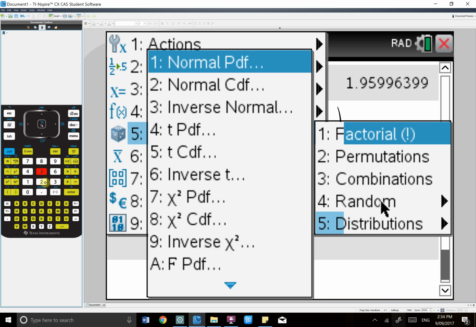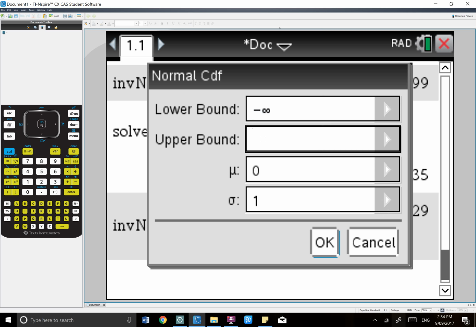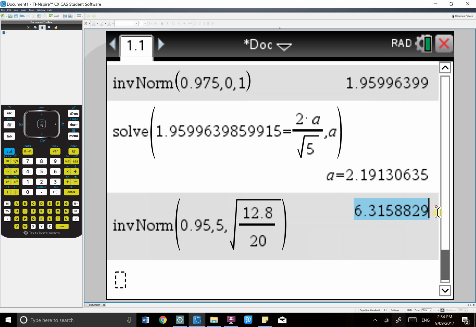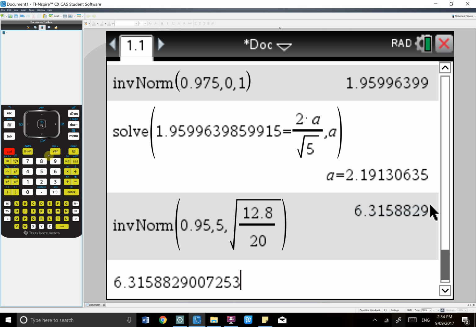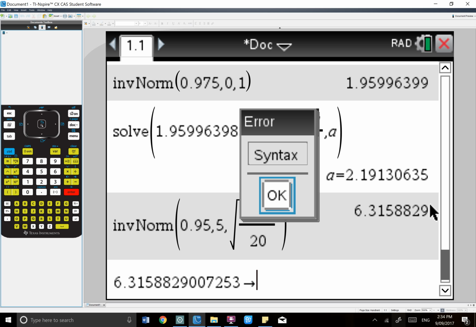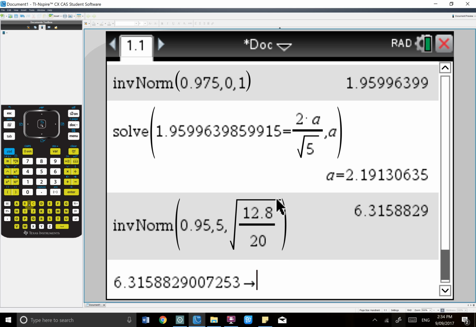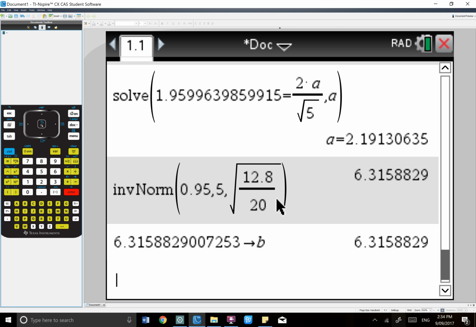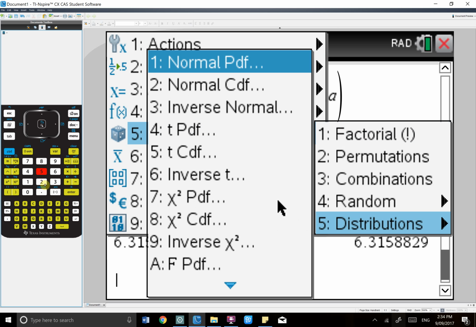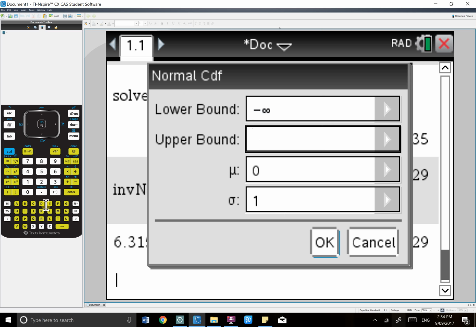Menu 552, negative infinity to B, and I will save this value as B. The mean is actually 7. It's not your original distribution, it's a new distribution now. You're looking at the new distribution. What is the probability that it is less than that?